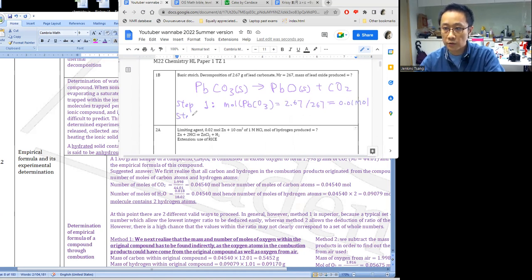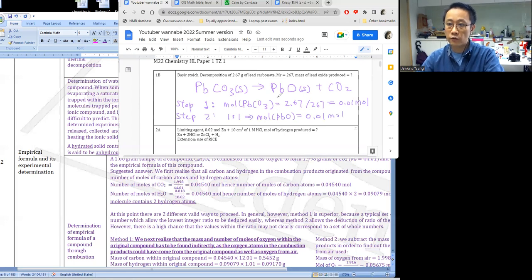Step 2 is just to use the mole ratios. In this question, the mole ratio is super straightforward. It's just 1 to 1. So the compound of interest, which is lead oxide, should also be the same. Just write 0.01.